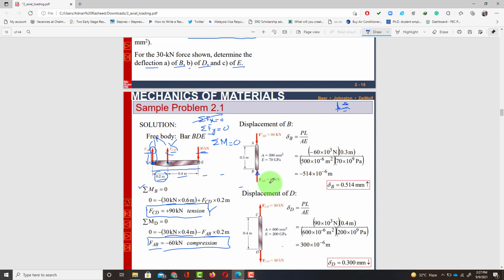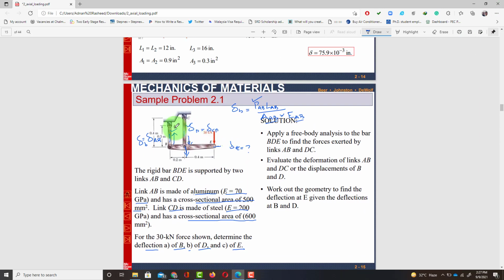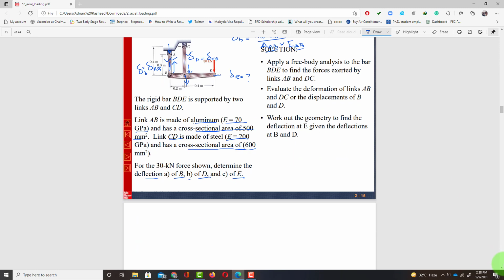Clear? So this is 60 kilonewton. There is also a reaction force at the top as well here. So this link AB will be in compression.